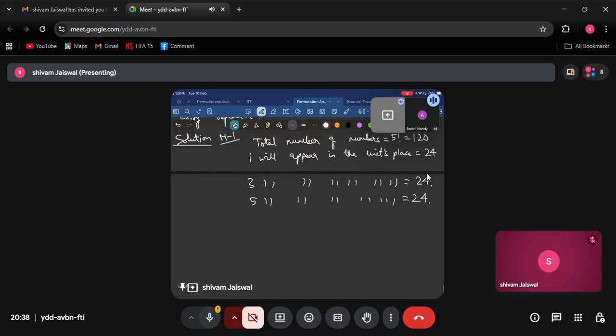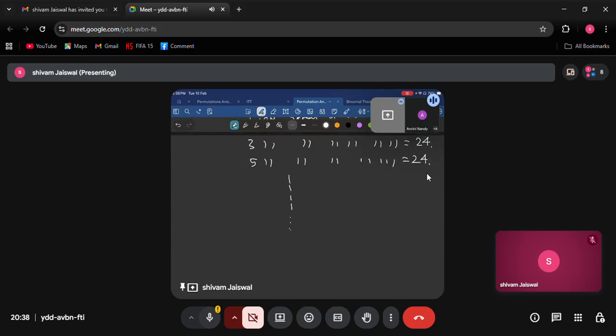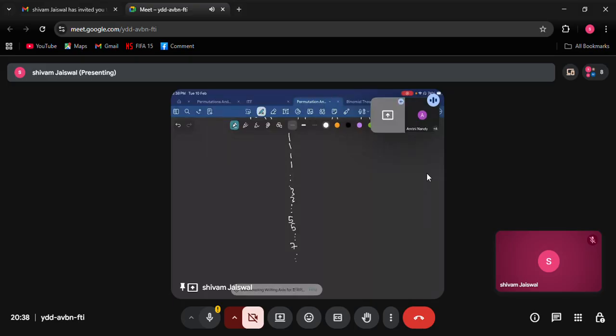So what is the sum of all the units place? What will be the contribution? 1, 1, 1, 1, then 3, 3, 3, then 5, 5, 5, 7, and somewhere 9.